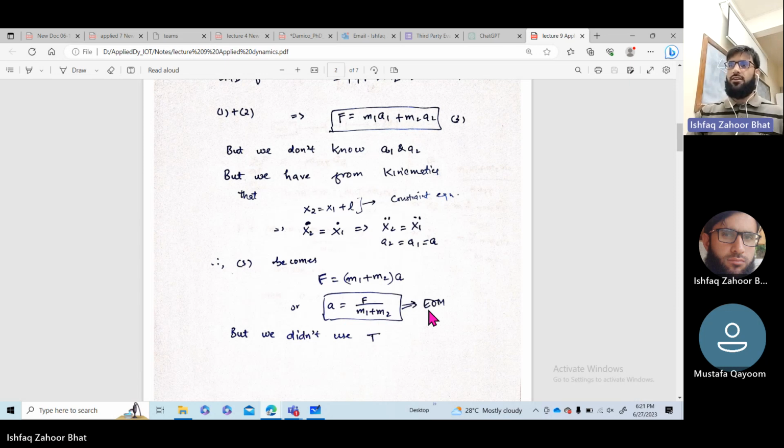This is our equation of motion, because we were looking at the acceleration. If we know the acceleration of the mass, we can integrate it over time to get the velocity, and integrate again to get the position. So, any question till now?